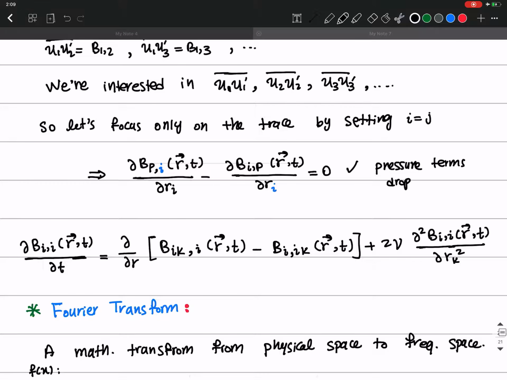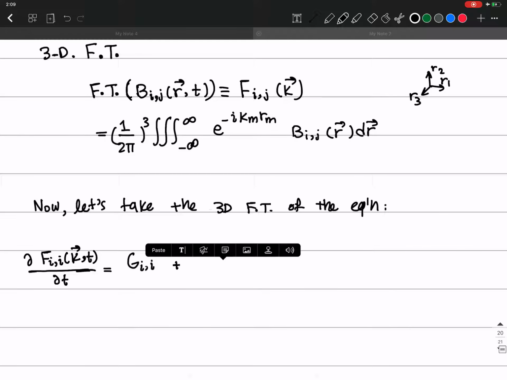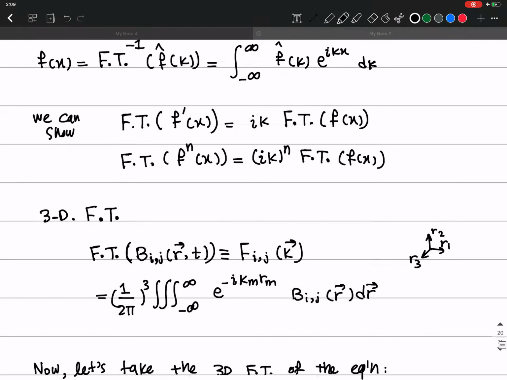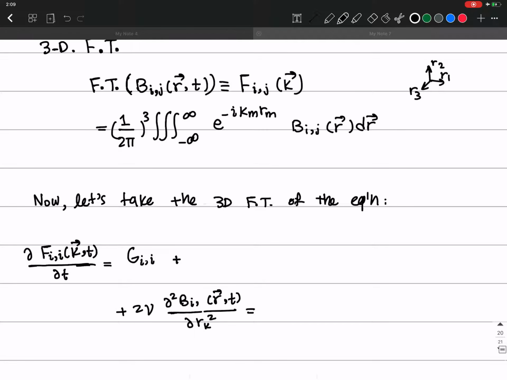And then for the third term, let me do it here and let's see what it is going to be. If we do the Fourier transform of this, based on the property I showed here, it is going to be ik to the power 2, because we are taking the second derivative.